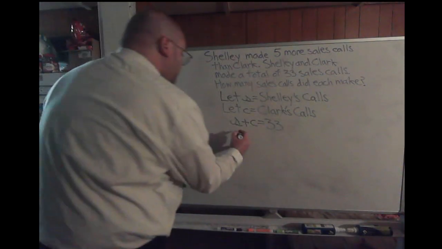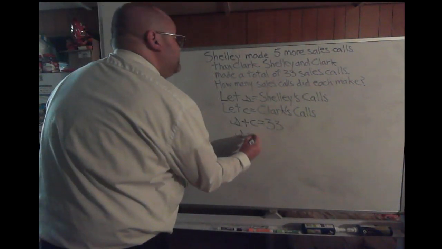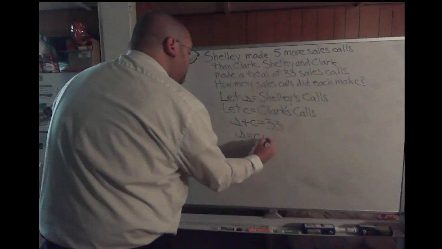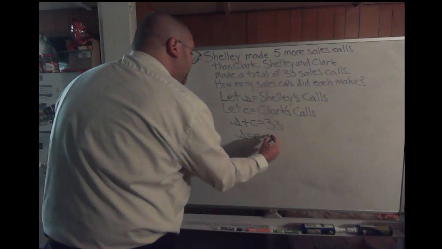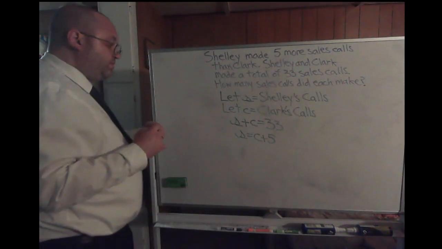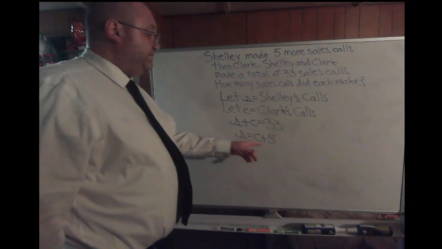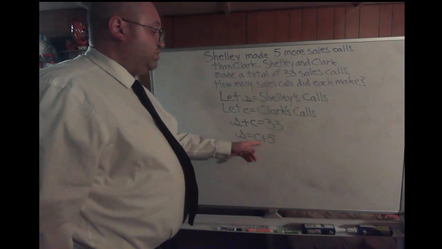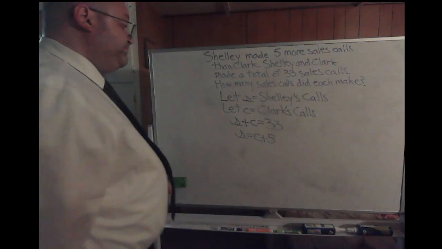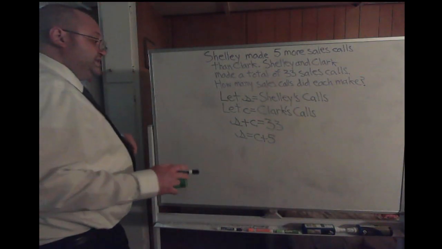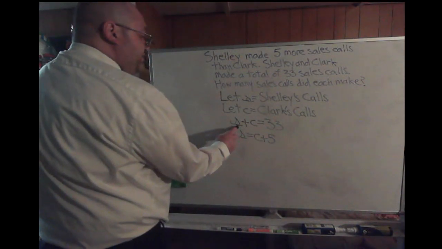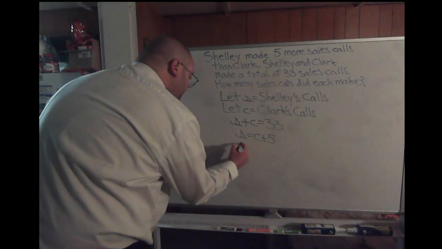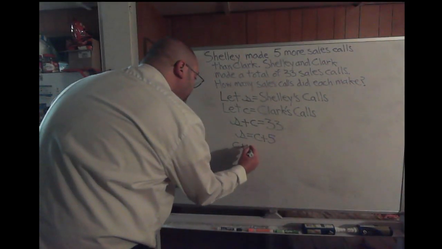Now this tells you that Shelley's calls is equal to 5 more calls than Clark's, or Clark's plus 5. So Shelley is equal to Clark's plus 5. What we can do now is substitute C plus 5 in for where S is in the original equation. So let's go ahead and do just that.